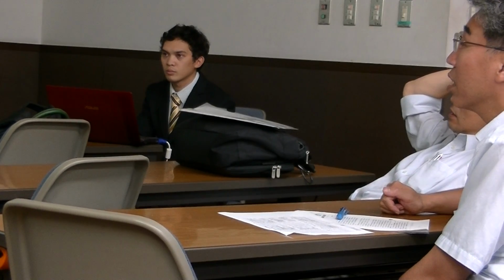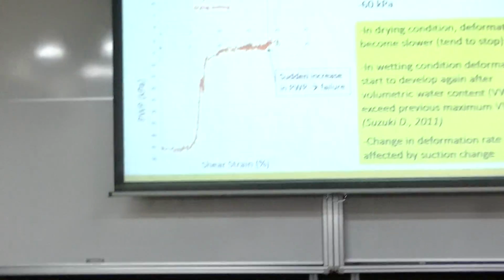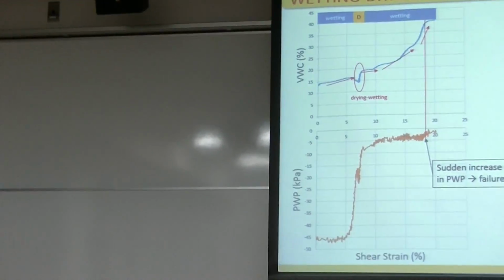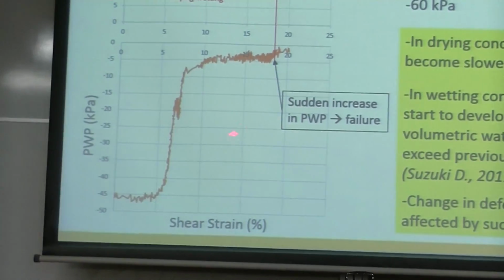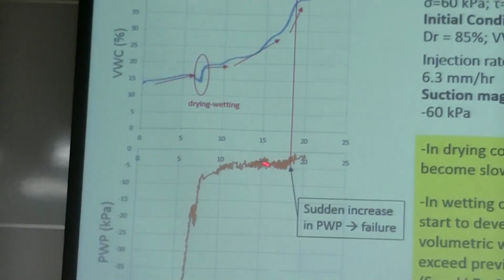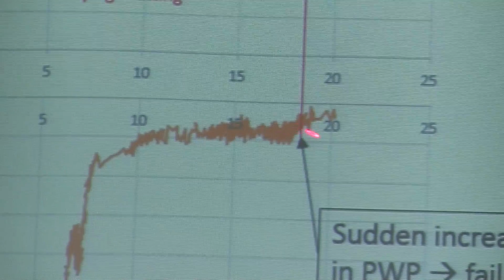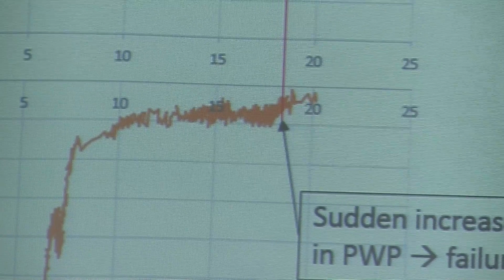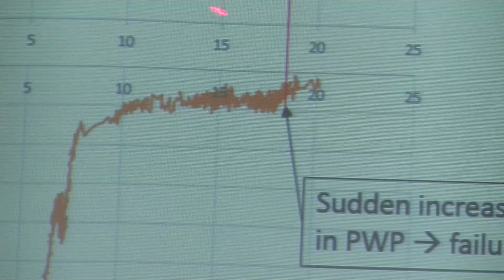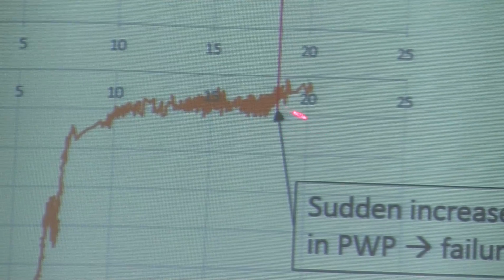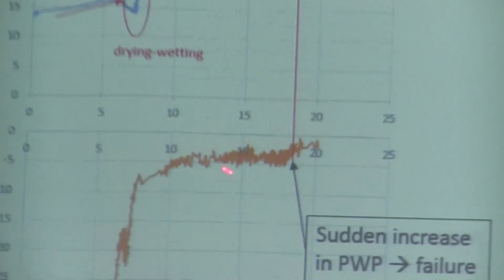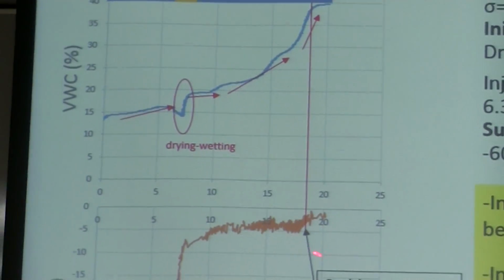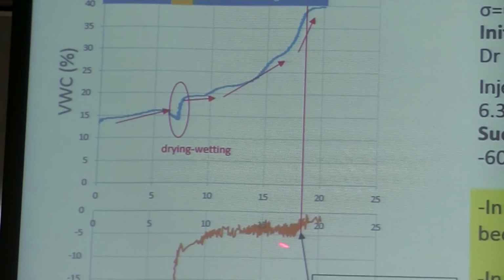In the lower figure, the water pressure on the right-hand side is kept almost constant at -5 kilopascal, but at the same time volumetric water content is increasing. So while keeping constant suction, shear strain is increasing. Do I understand you correctly?